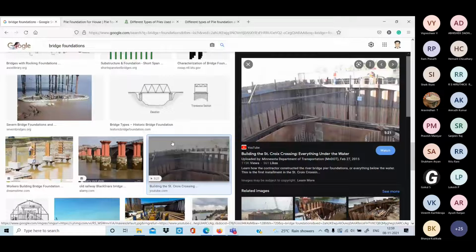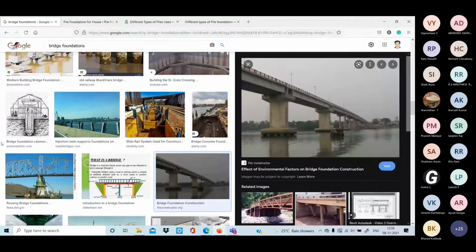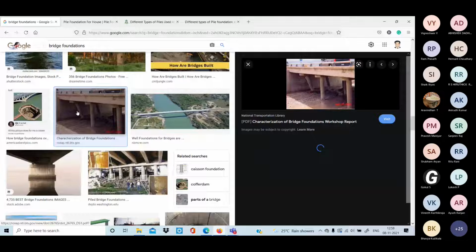Whatever you are seeing here, these are sheet piles. It is like a sheet, so these piles are called sheet piles.